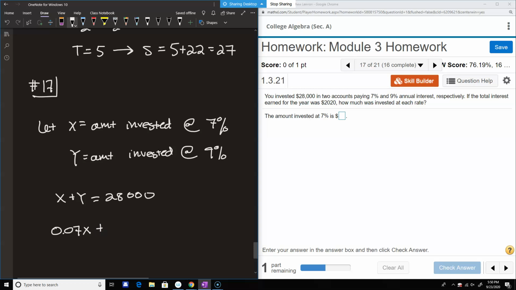Well, that's 9%, so that's 0.09 times Y. And we know that the interest totals 2020. So that equals 2020. So now we have our two equations.